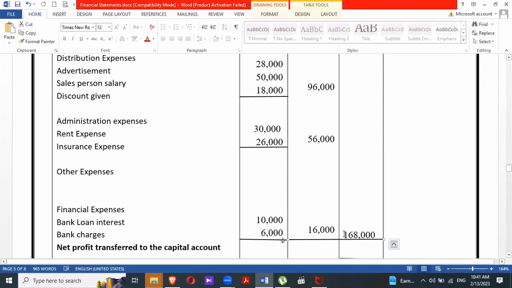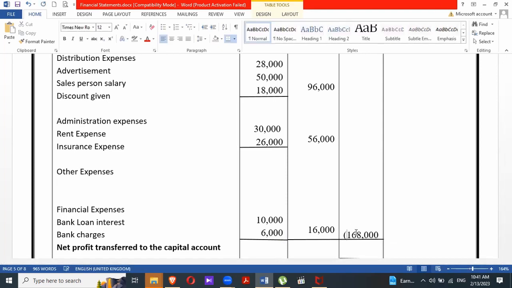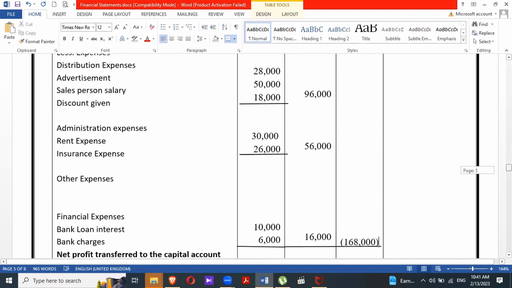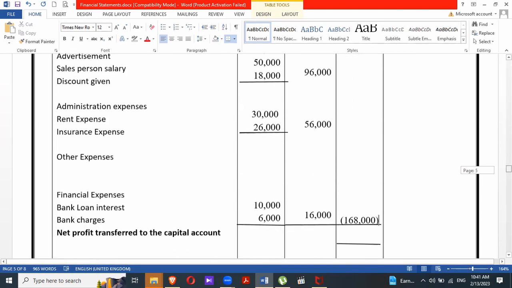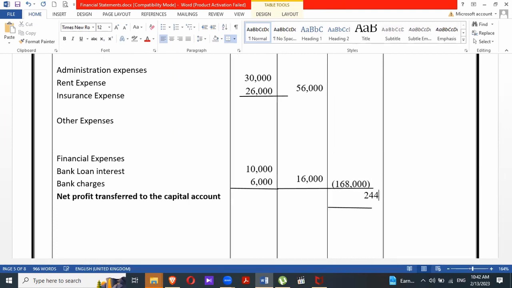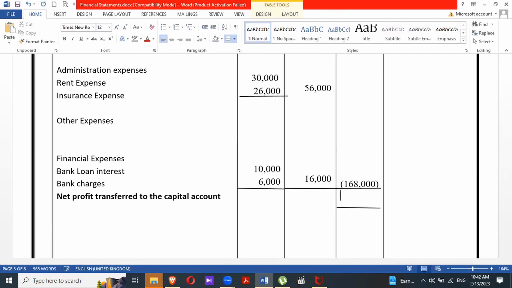Like this, and you can put brackets here because you have to deduct total of the expenses from the total income. 412,000 is the total income minus 168,000. You can take the answer for the net profit. Have to write the title as net profit transferred to capital account, that is 244,000.